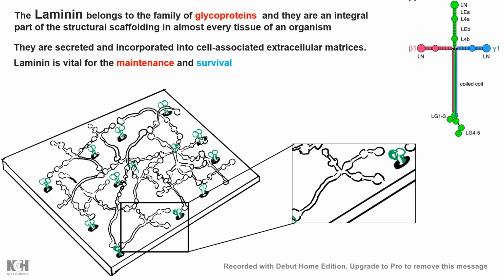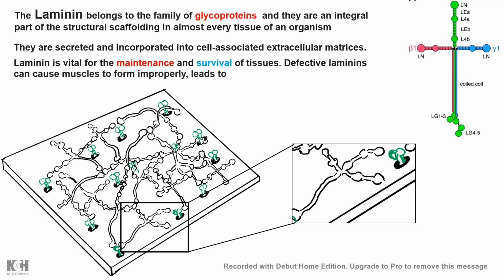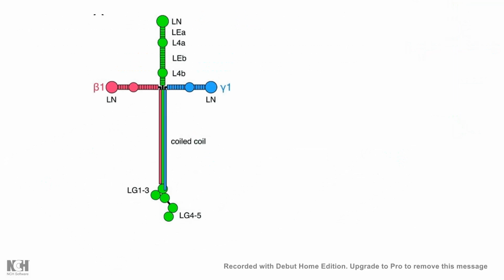Laminin is also vital for maintenance and survival of several tissues. For example, a defective laminin can cause several muscular dystrophies and problems in the myoblast. Laminin has three broad domains: alpha, beta, and gamma.